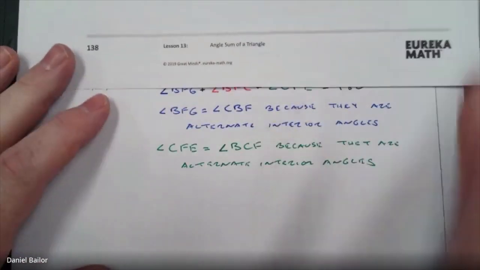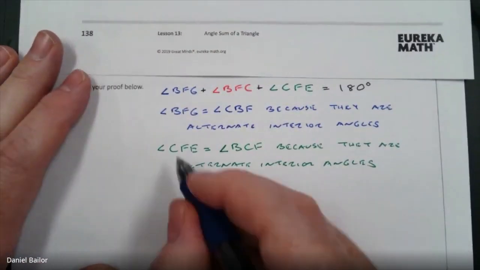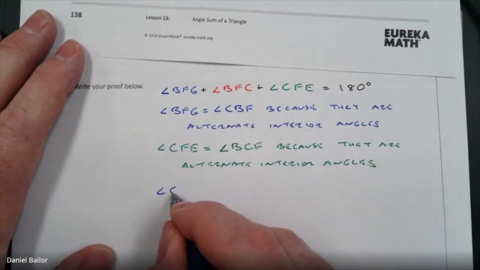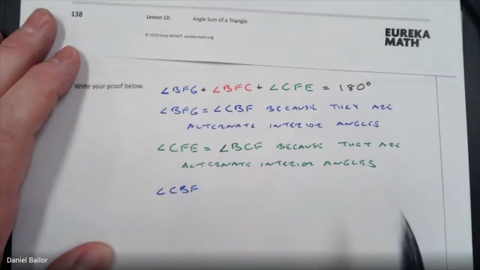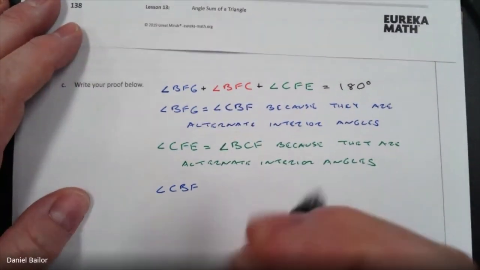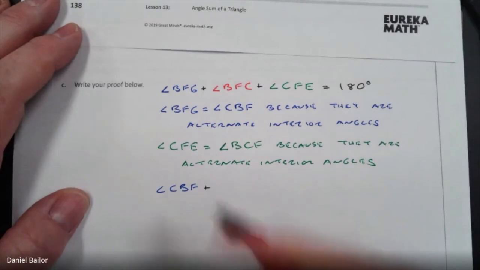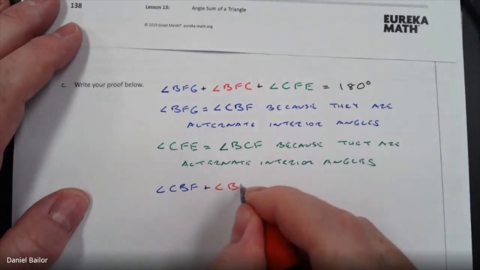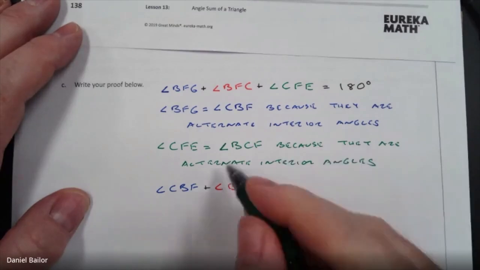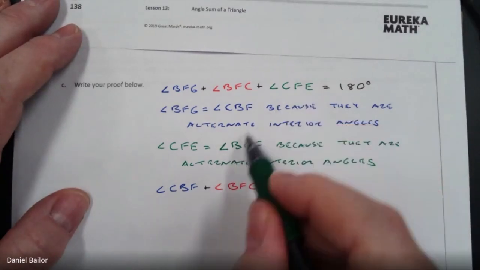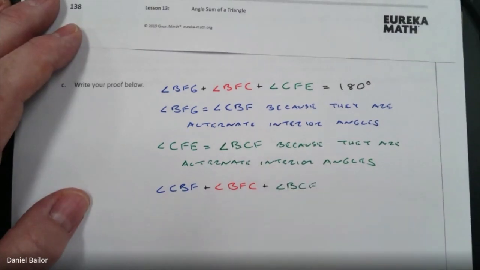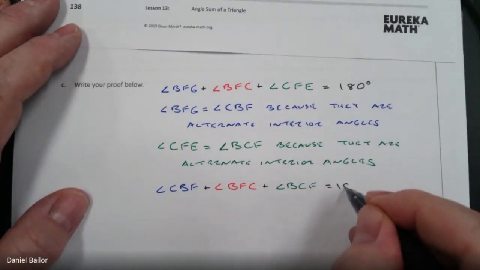So I can prove, because BFG equals this, I can say that angle CBF, I just substitute, plus angle BFC plus, remember CFE is the same as BCF, plus BCF also equals 180 degrees.